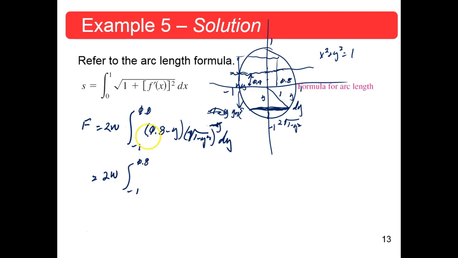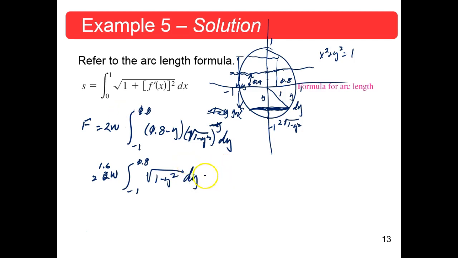Okay, that's your integral. And then the first integral is just going to be your 0.8. So let's multiply this and make it 1.6 times the square root of 1 minus y squared dy.